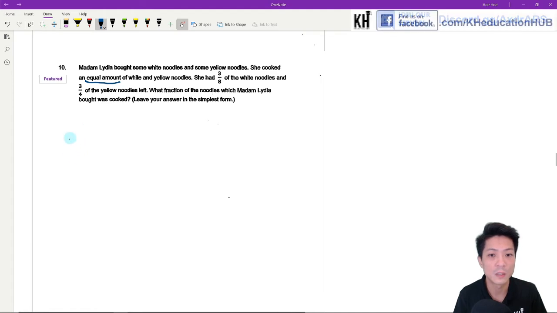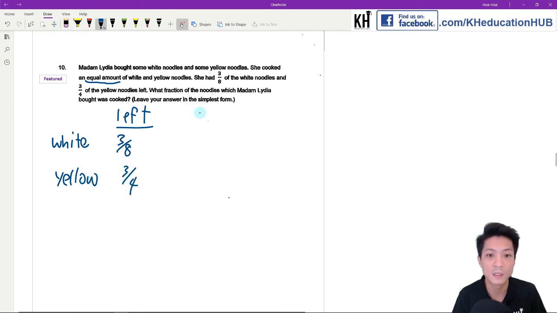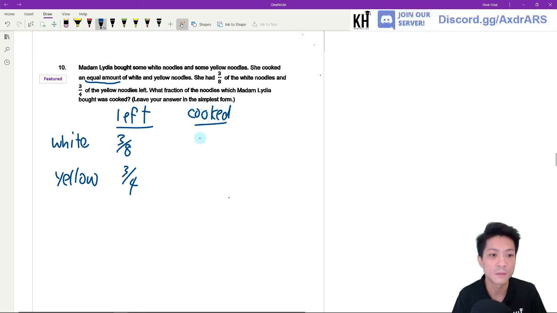Let us do it this way. For the white, what's left is 3/8. For the yellow, 3/4. That means what's cooked will be 5/8 and 1/4.